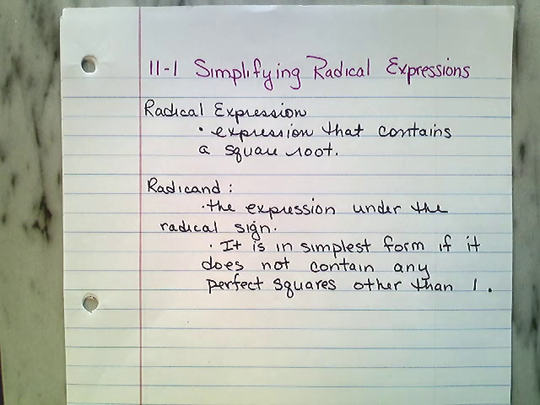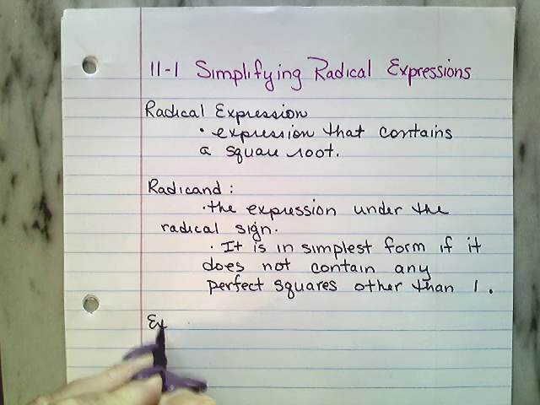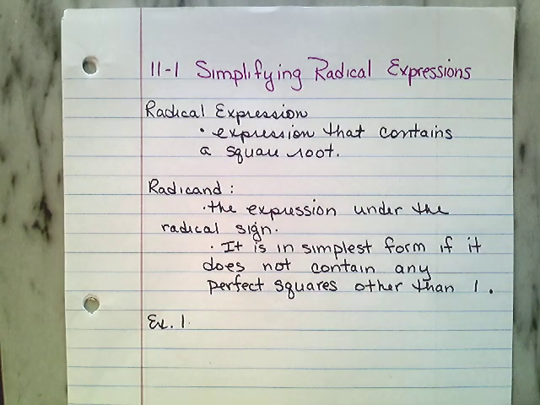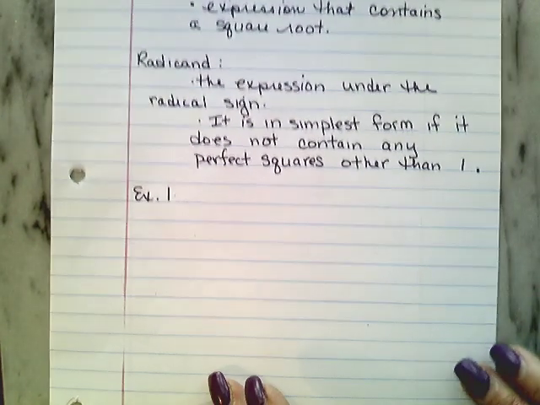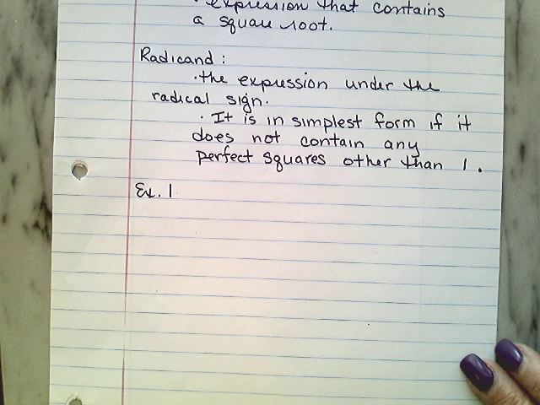Okay, so we are going to jump right in with example 1. Now, every time we worked with square roots before, we always estimated those to 1 decimal place. Now we're not going to estimate those. We're going to break those numbers down and see if they contain a perfect square.